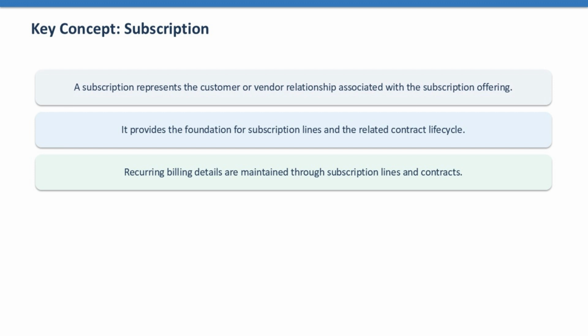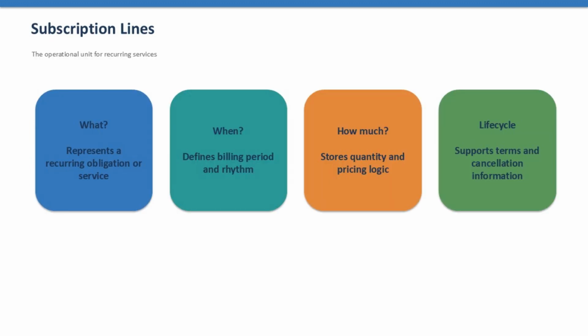So what are subscription lines in BC? Subscription lines represent what your billing period would be, what your billing rhythm would be, what your pricing would be, how the pricing will come, whether it will come from the item price or whether you put it directly on the documents, what your next billing date would be, and whatever your terms and conditions for a subscription would be.